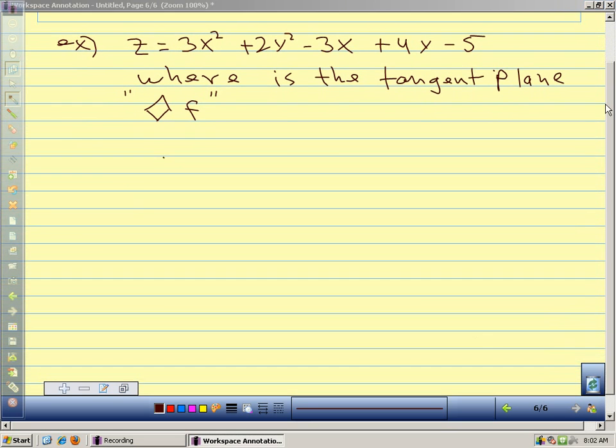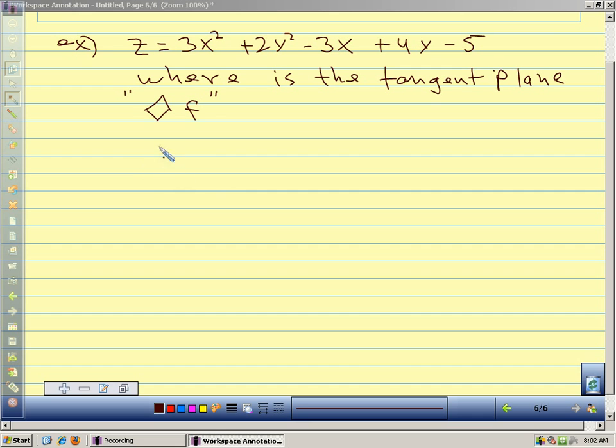So this is related to the angle of inclination, but we're going about it a different way. We're talking about the relationship of the normal vector to the z-axis. So it has to do with the angle of inclination, but we're not necessarily using the angle of inclination to solve this problem.